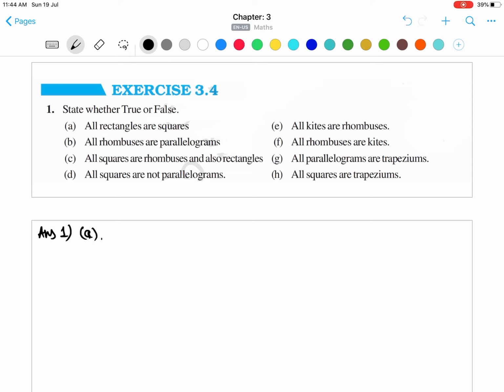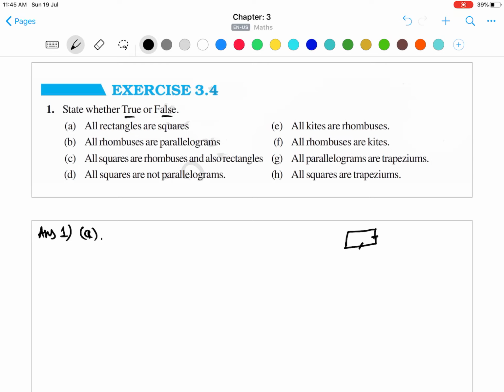Number 1, part A. It says all rectangles are square, and you have to tell whether it's true or false. We have a rectangle like this. This shape satisfies all the properties of a rectangle, that opposite sides are equal and parallel. But in a square all sides have to be equal, and here these two sides are not equal.